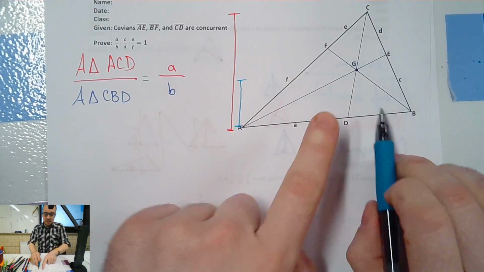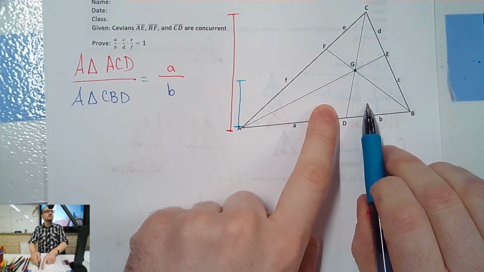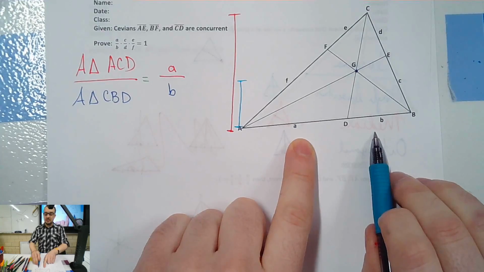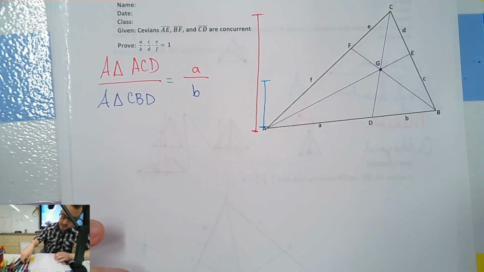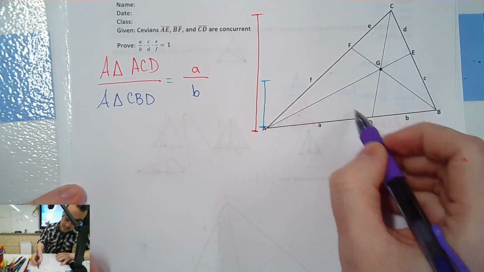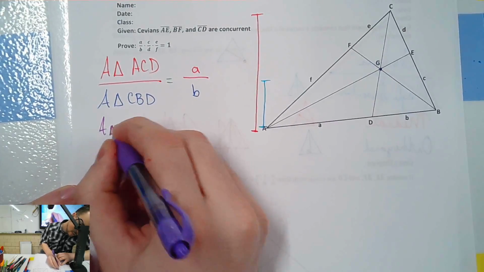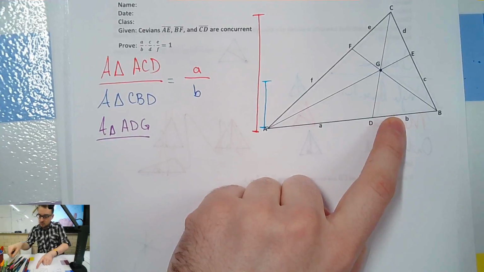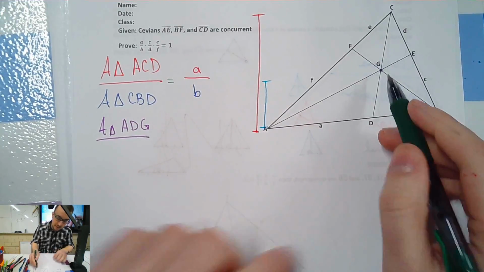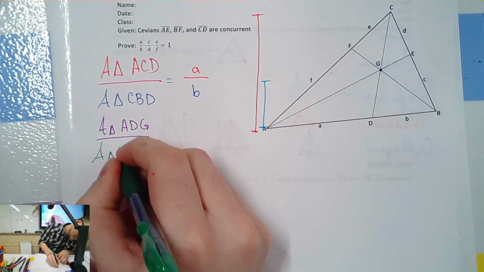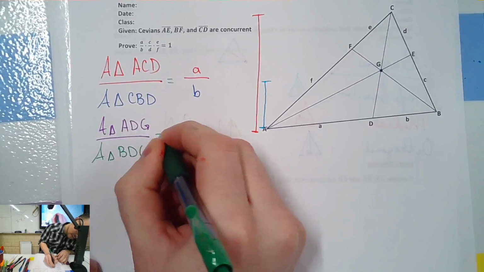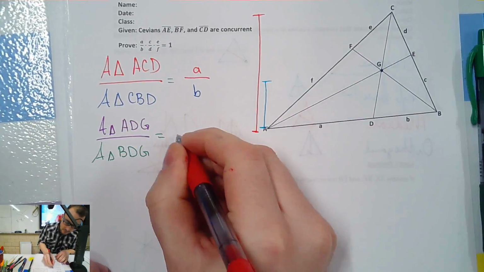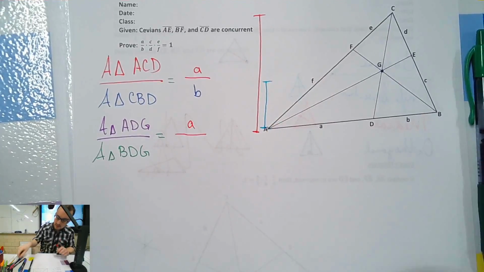These two have the same height. Don't they also have the same base? So it must also be true to say that triangle ADG, its area, and triangle BDG relate to their bases, A and B.